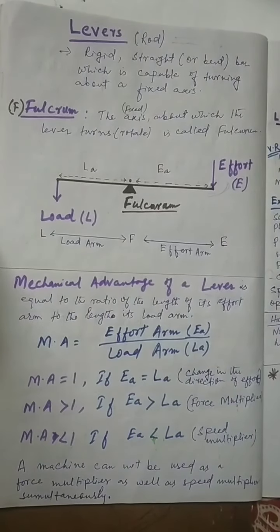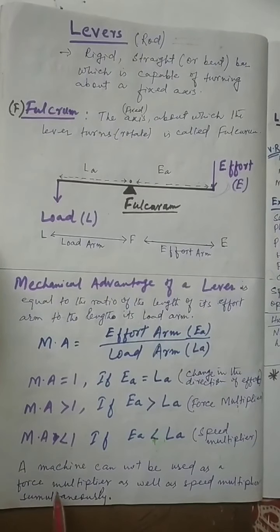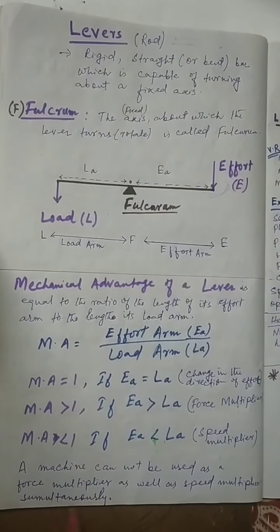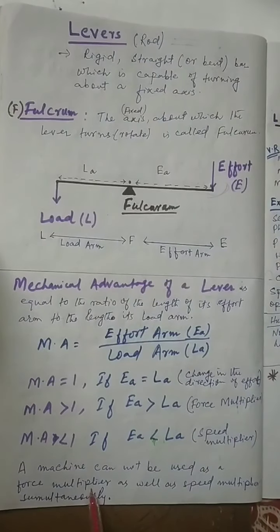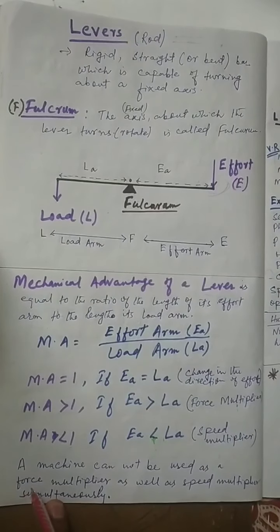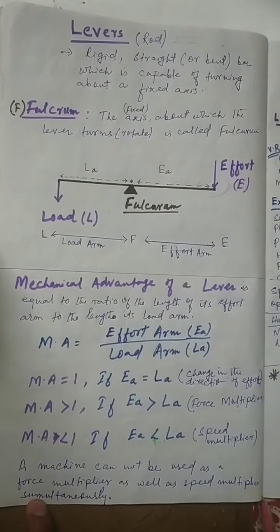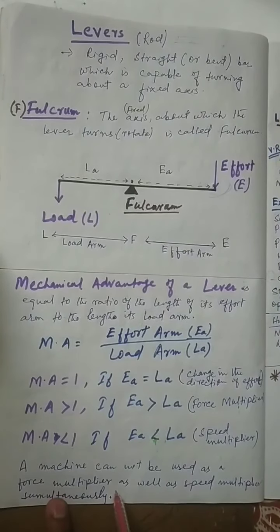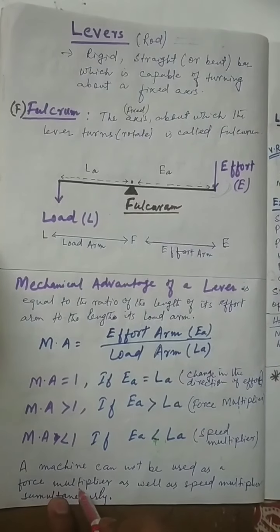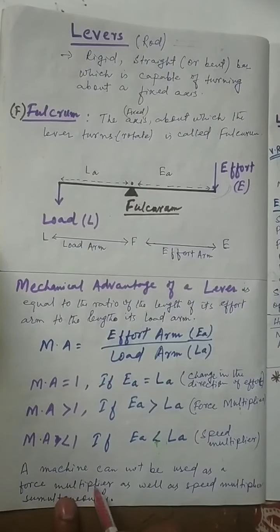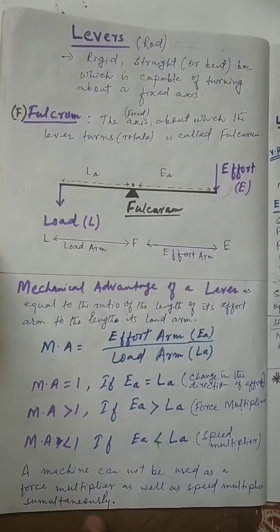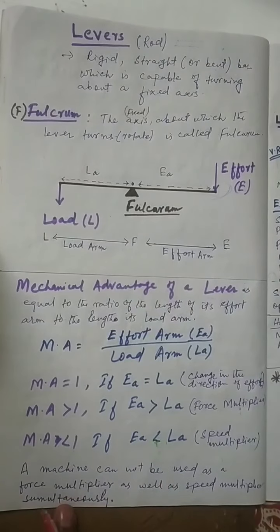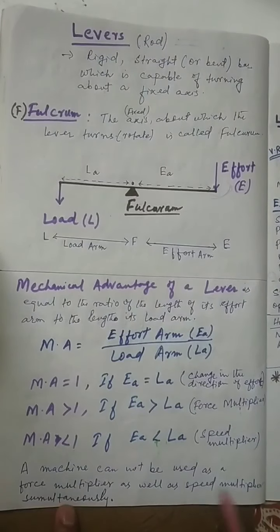Mind it, a machine cannot be a force multiplier and speed multiplier simultaneously.